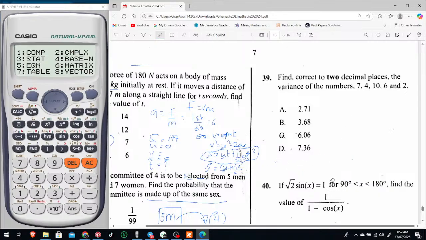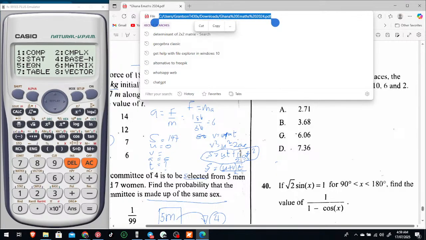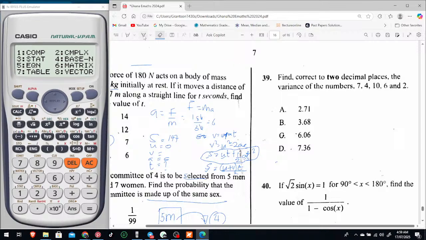Variance. So you know that the standard deviation is the square root of what? Variance. So if you want to find variance, the standard deviation squared will give you the variance. What's the formula for standard deviation?